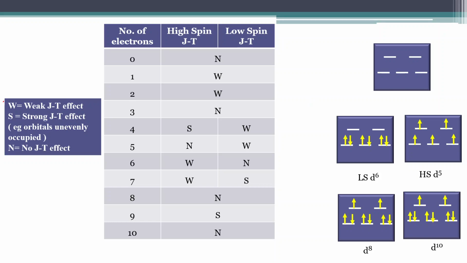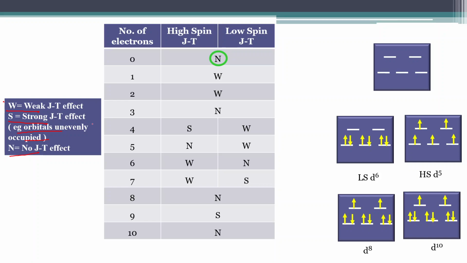Here W is shown as weak Jahn-Teller, S is shown as strong Jahn-Teller, where EG orbitals are unevenly or unsymmetrically occupied. N means no Jahn-Teller at all. First of all, we will see the configurations without Jahn-Teller. We have said that for a symmetrical arrangement, there will be no Jahn-Teller distortions.